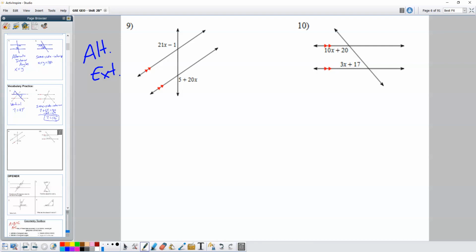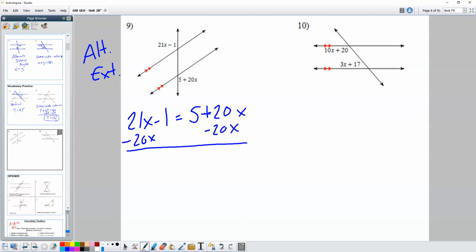So I've got 21x minus 1 equals 5 plus 20x. Okay, I'm just going to solve that. I'm going to take the 20x over here. That would be 1x minus 1 equals 5. I'm going to add the 1 over to the other side and get x equals 6.